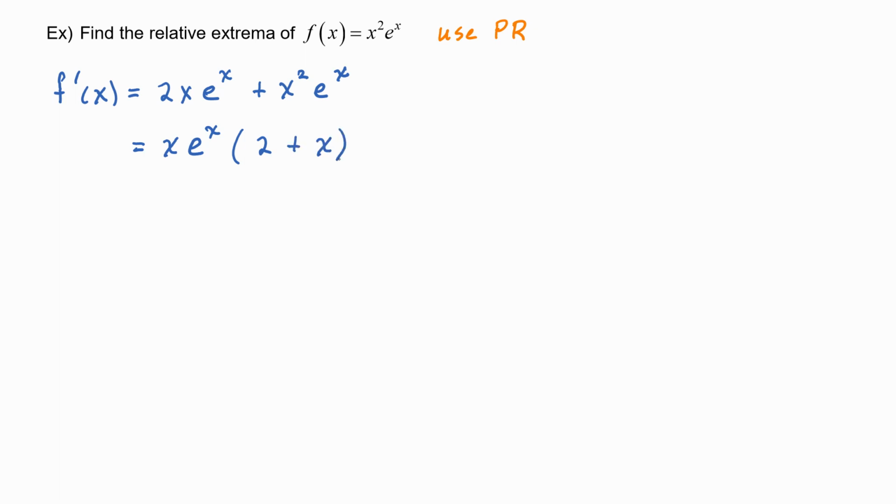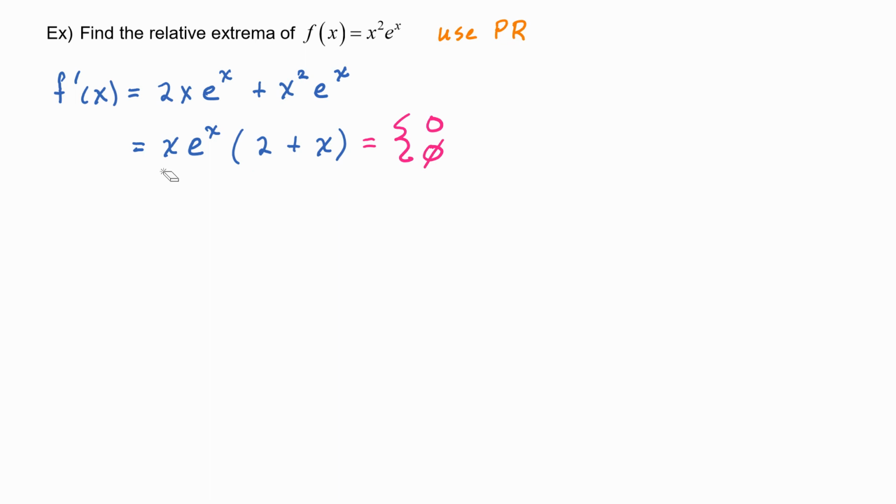Now, in order to find the relative extrema, we need to find the critical numbers. So we are going to set this equal to 0 or does not exist. And this expression has three factors: a factor of x, a factor of e to the x, and a factor of 2 plus x.